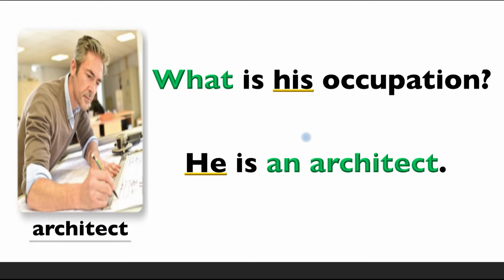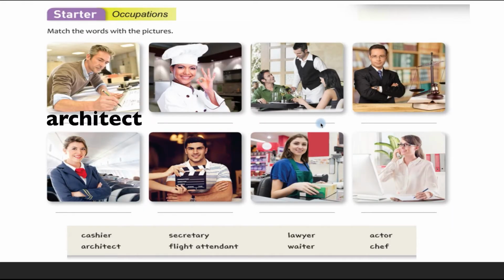He is an architect. They're all connected and related, but they're not the same thing, they're just similar. And his here becomes he, because it's a subject position, it has to be he. Very good, yes. So, first one, architect.